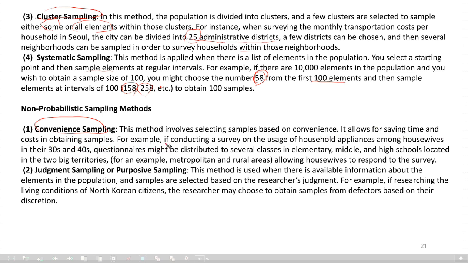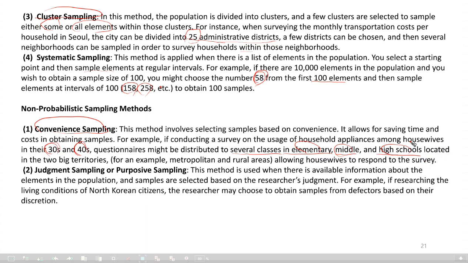For example, if conducting a survey on the usage of household appliances among housewives in their 30s and 40s, questionnaires might be distributed to several classes in elementary, middle, and high schools. These three groups may determine the ages of 30 and 40.